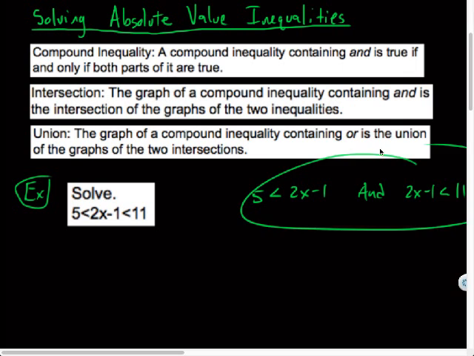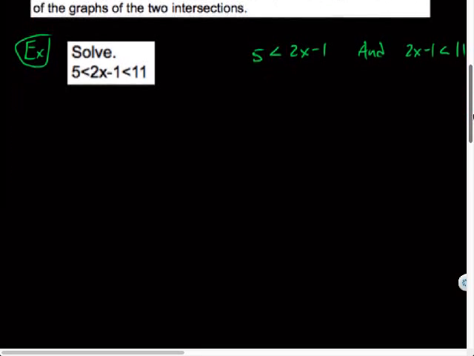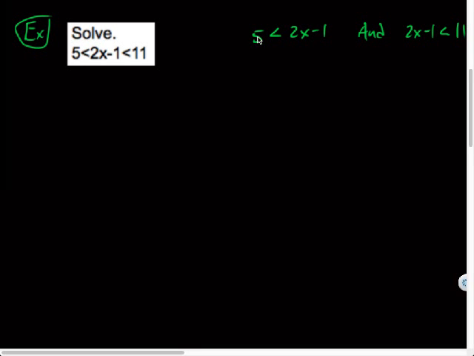I could have perceived it as that if I wanted to. But instead we have this all written in one continuous line, and notice the double less than signs, double inequalities. So instead of two sides of an equation or inequality, I've got almost three sides. This is a compound inequality with an "and" going on, because both things are true at the same time.